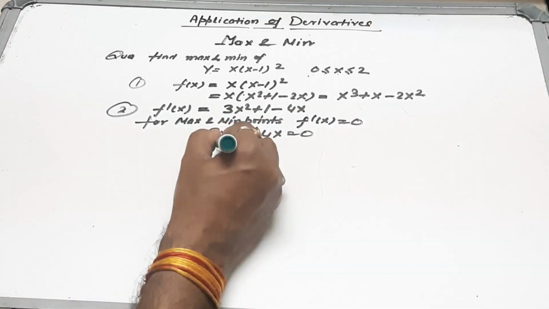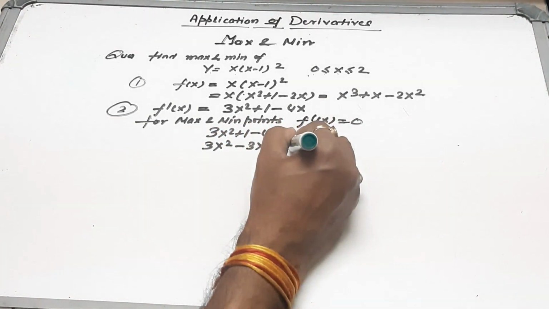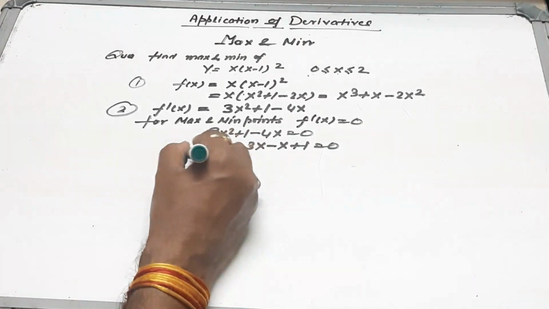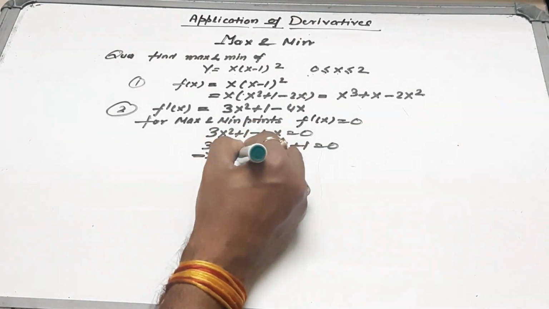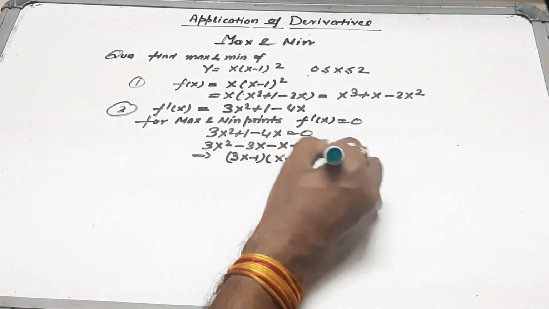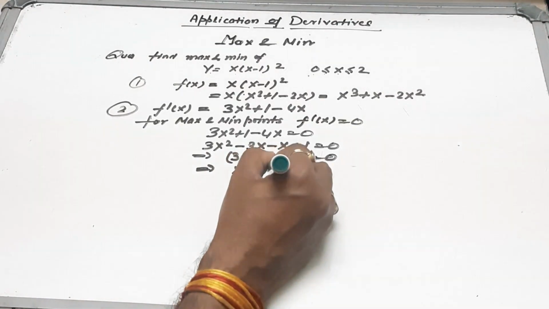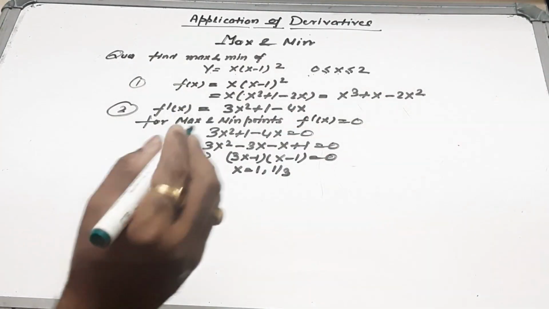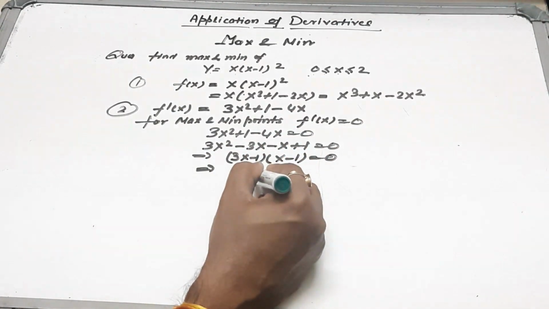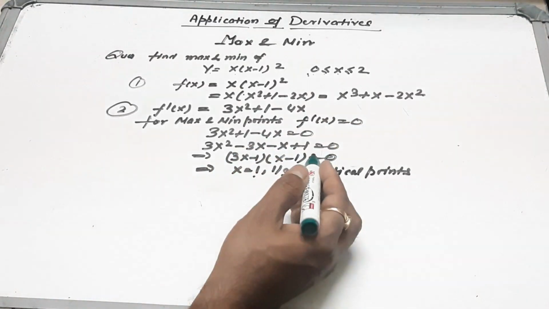This gives 3x square minus 3x minus x plus 1 equal to 0, which implies (3x minus 1) into (x minus 1) is equal to 0, and this implies x is equal to 1 and 1 by 3. So two critical points you obtained: first is x equal to 1, second is x equal to 1 by 3.